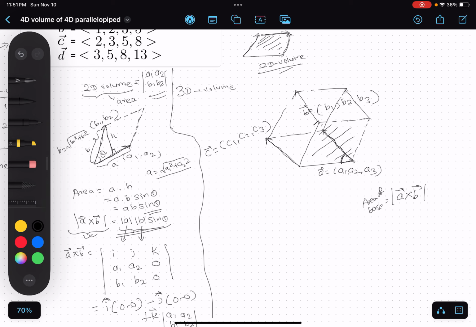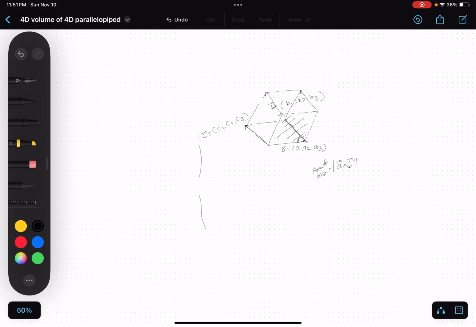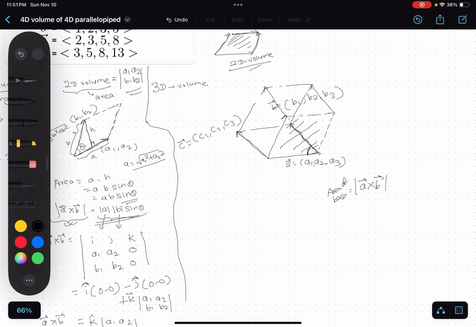And now, because a parallelepiped is also a prism, we can find its volume by multiplying the base area with the height. Its height will be this perpendicular line from the base to the top, right? If you multiply by this height, our volume will be the answer. So the magnitude of a cross b times the height.